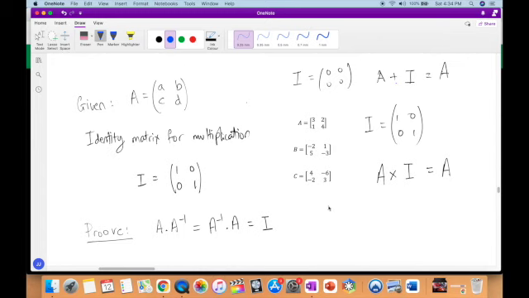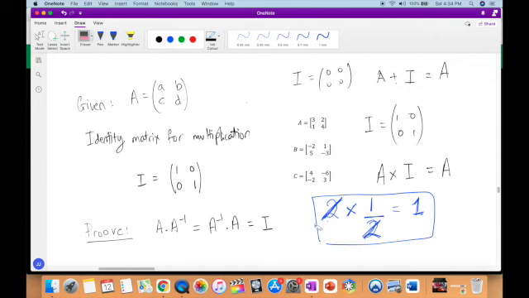If I take a number and I multiply that number by its inverse or its reciprocal, then I will get the identity. This here is a super important rule. If I take a number and I multiply it by its own inverse or its own reciprocal, I will get the identity.